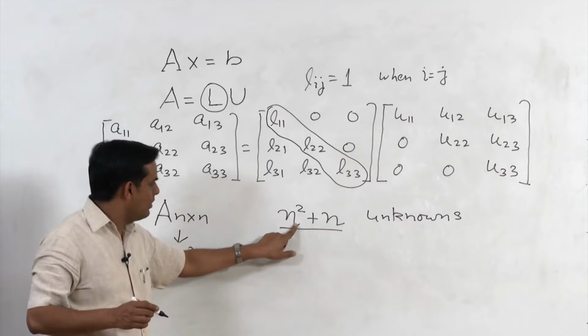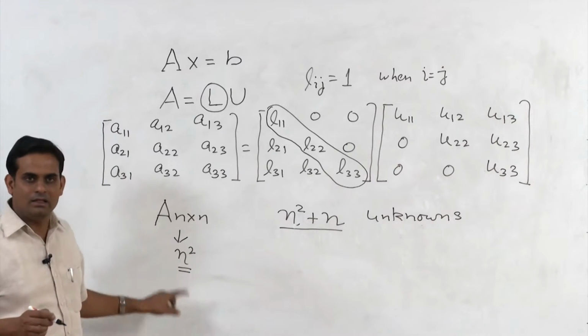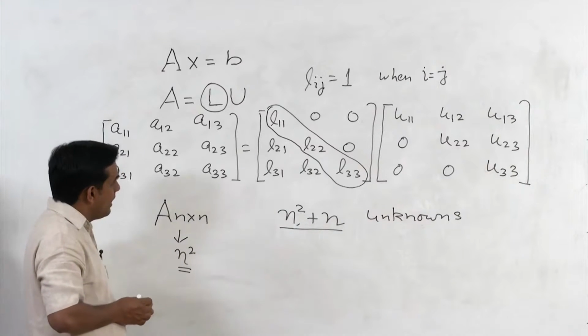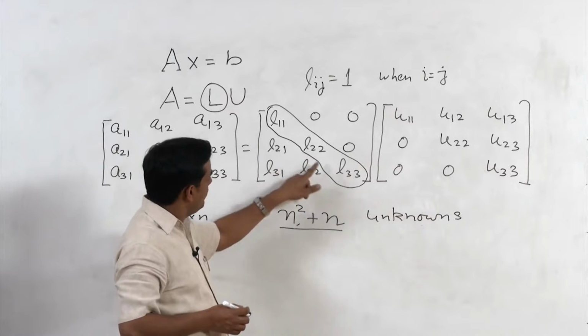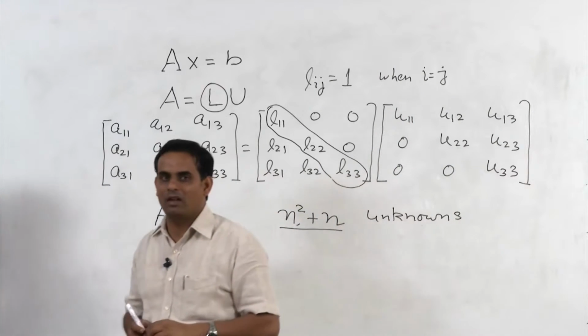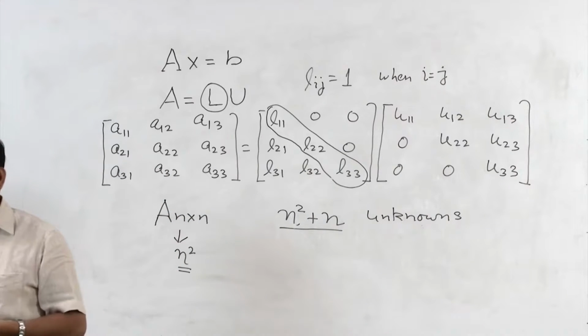So with n square unknowns and n square entries, I will get a unique solution for the LU factorization. Or instead of this, I can take all the diagonal entries of my upper triangular matrix as 1.